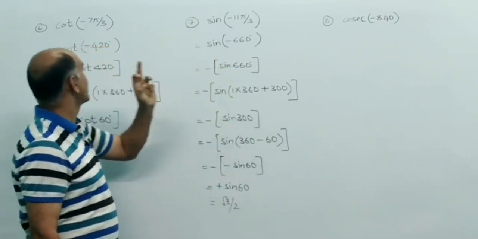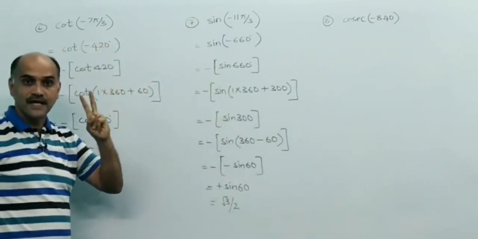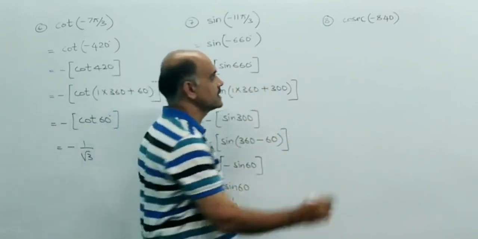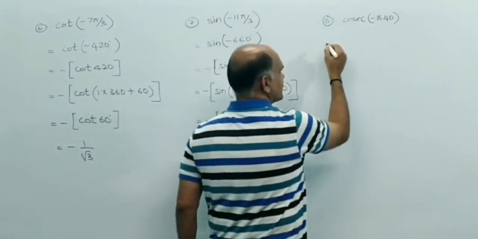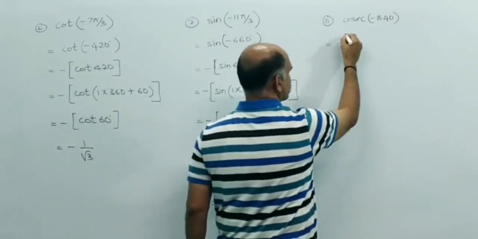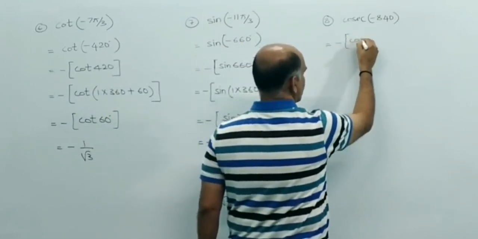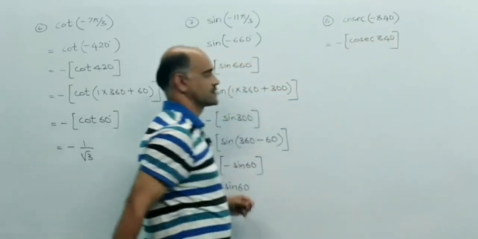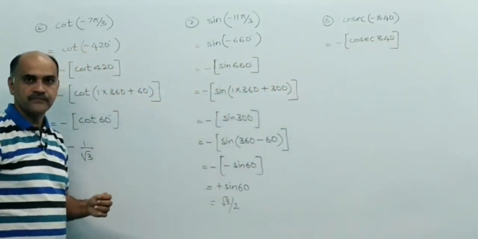Only if cos and secant are there does the minus sign go. Only when cos and secant are there. So this minus sign will remain. So you will have minus cosec 840.